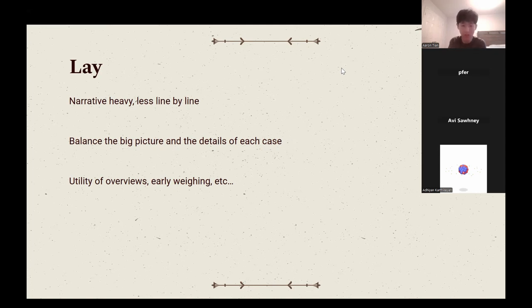The final question, I think, is: for lay judges, are dropped arguments worth pointing out if paired with the comparison of the big picture? So are you saying if they drop an argument, should you point it out? I might need some clarification for this question.